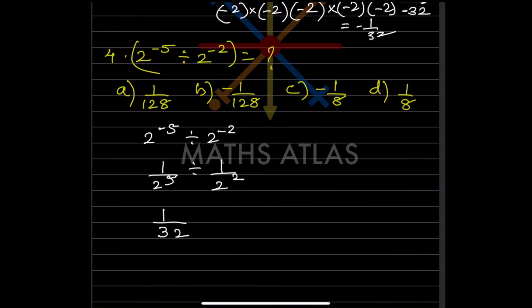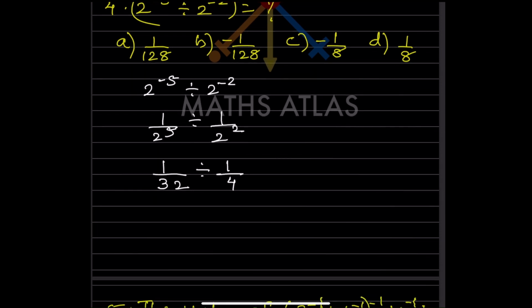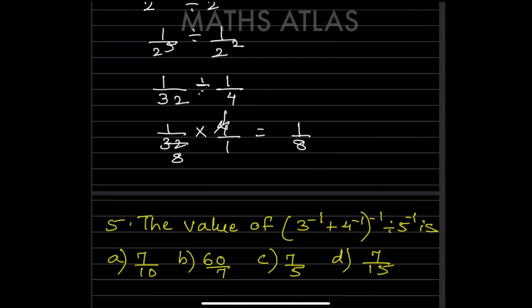You can multiply and see. And 2 raised to 2 is 4. Whenever you have division, the left hand side you always write as it is, so you write 1 by 32. This division will become multiplication, and since it became multiplication, this gets flipped over, so that will be 4 by 1. So 4 ones are 4, 4 eights are 32, so that will be 1 by 8. So that is the D option.